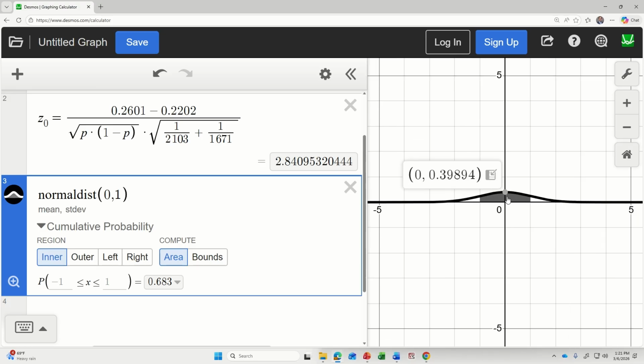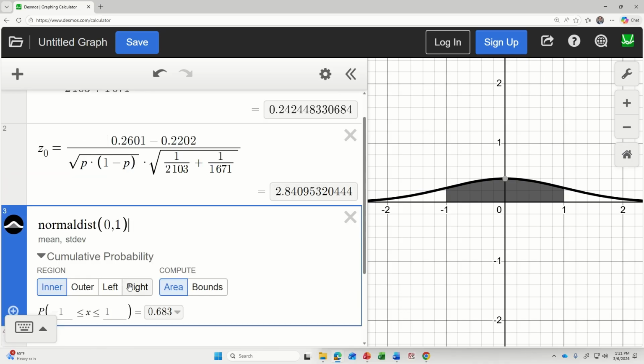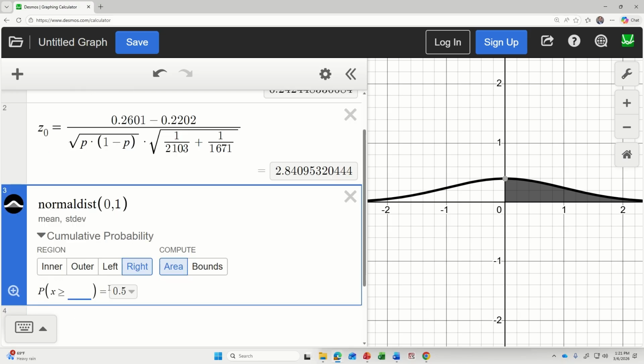All right, so here's my standard normal, and what we're supposed to do is figure out the right area. I want the probability that x is greater than 2.841.